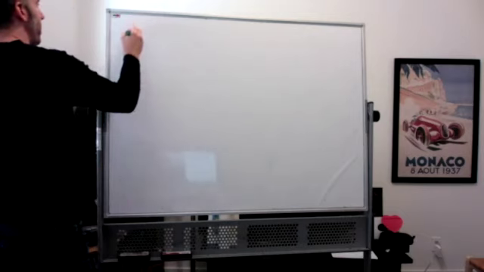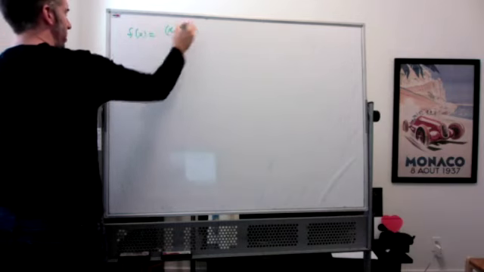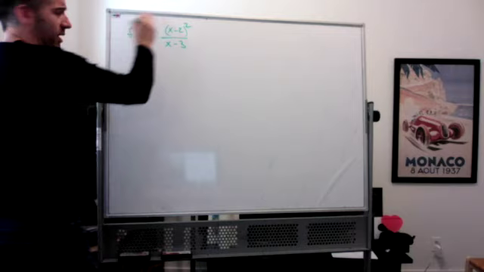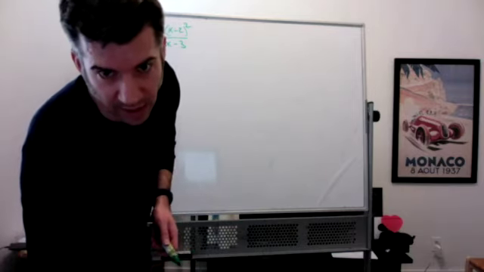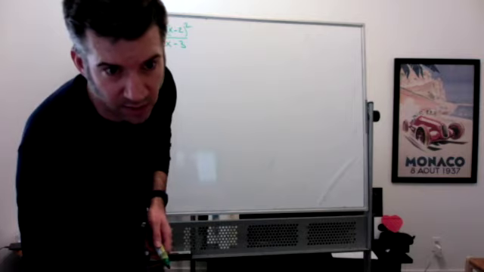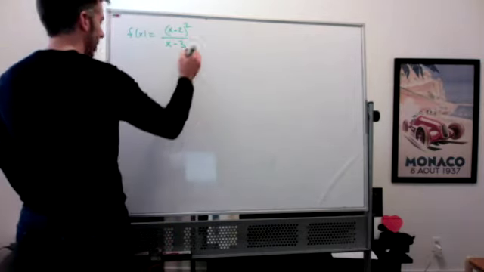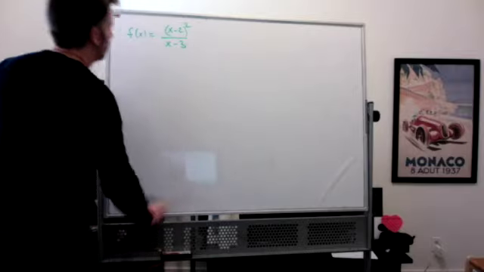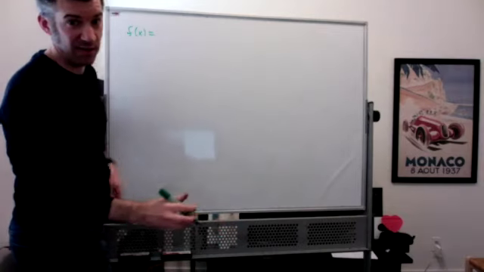Let's look at this next one. Let's look at f of x equal to x minus 2 squared divided by x minus 3. Maybe I'm going to change this one up just slightly, just to make it a little more interesting. It might not be very exciting, but I'm really just going to multiply the top and bottom by x plus 4.